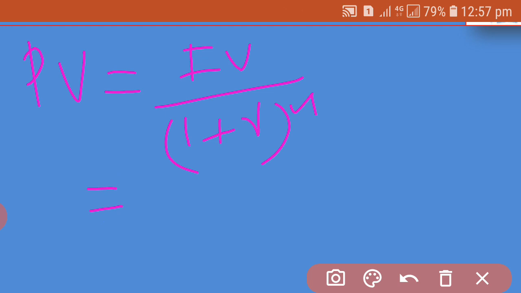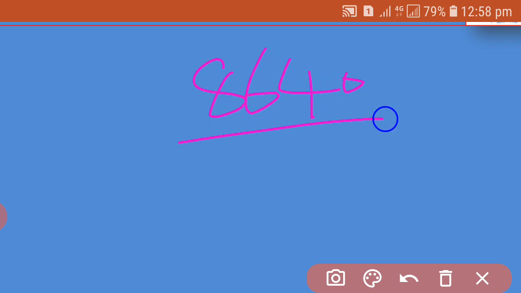If we are receiving rupees 8,640 after 3 years and the interest rate is 20%, then 8,640 divided by 1 plus 0.20 all raised to 3, which is 1.728.